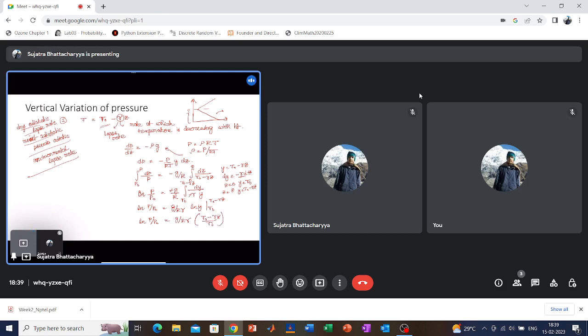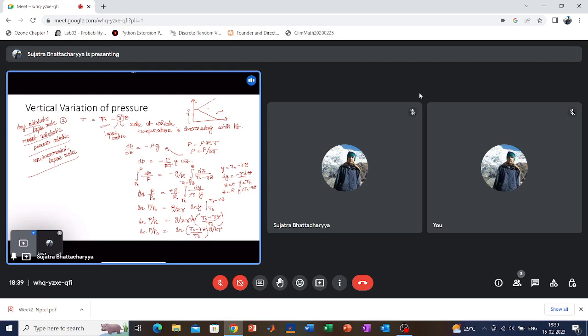Okay, fine. Now another thing, oh sorry, there is a log here. So another thing which we can write is that log p by p naught, we can write in the logarithm, so it is log of t naught minus gamma z by t naught, with the power being this particular expression. Now you take the exponential on both sides, then you can chop out this log.